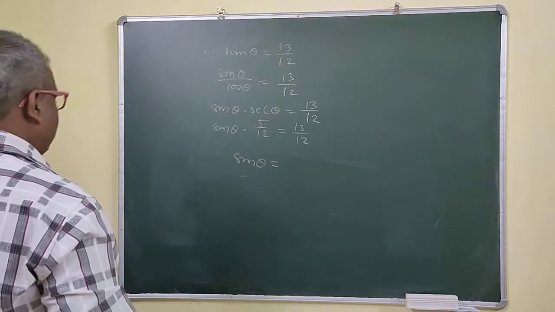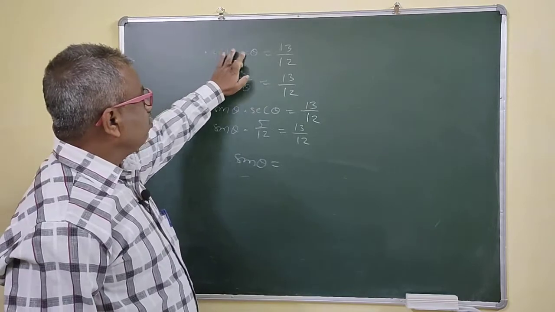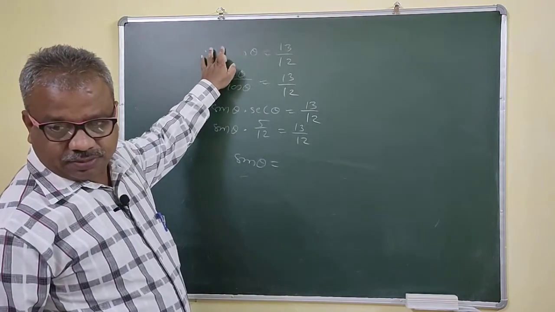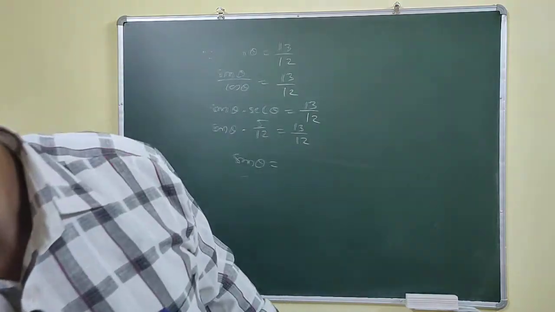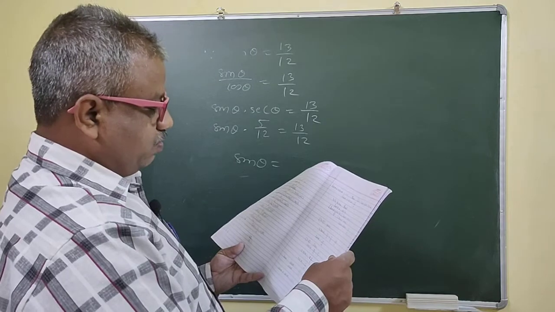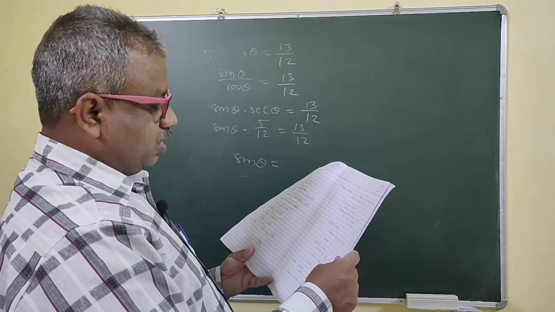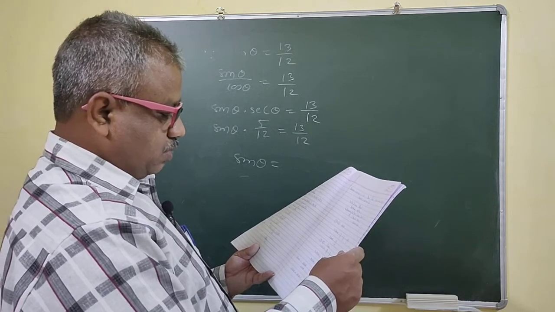So what is tan theta? I think this is wrong here. This tan theta is actually sec theta, right? So we have made some mistake somewhere. Tan theta is 13 by 12, this is correct.